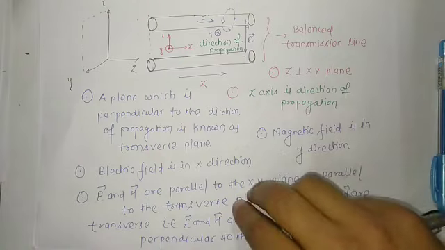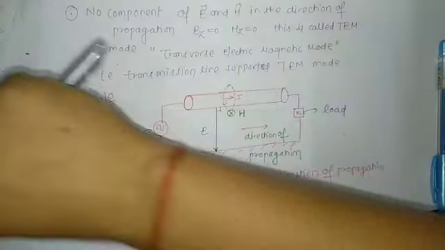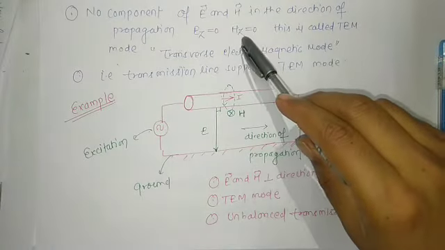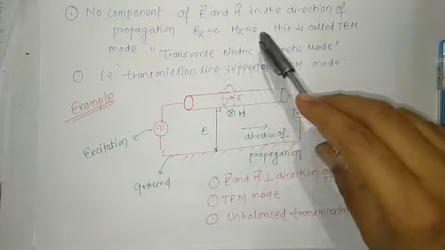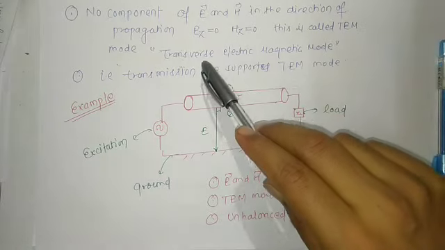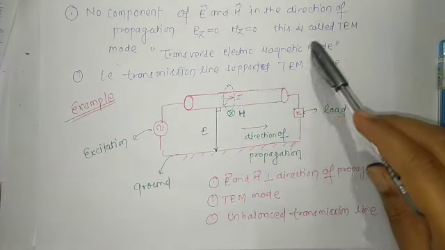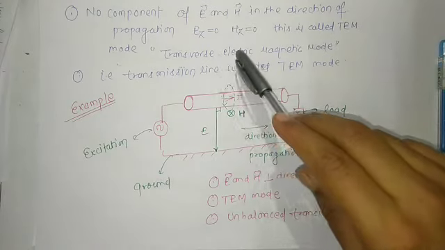So after this, I can say in the direction of propagation, the value of the magnetic field and the value of the electric field is 0. Then I will say this is known as the transverse electric magnetic mode. Why am I saying transverse?